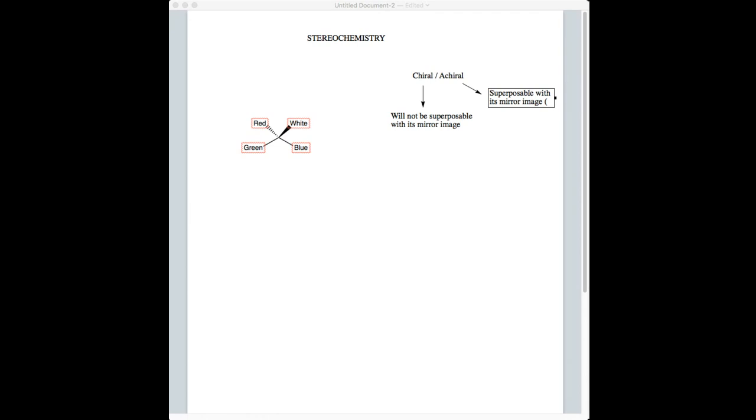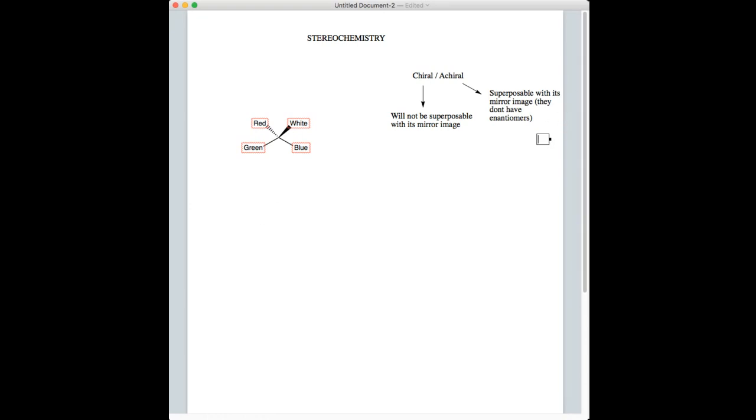Okay, you could rotate it and it will match. So if you rotate it and it matches, it basically means that it's the same molecule, right? So they don't have an enantiomer. They're superposable with the mirror image. They don't have enantiomers, because once again, the mirror image is superposable with the molecule, so it's the same thing.